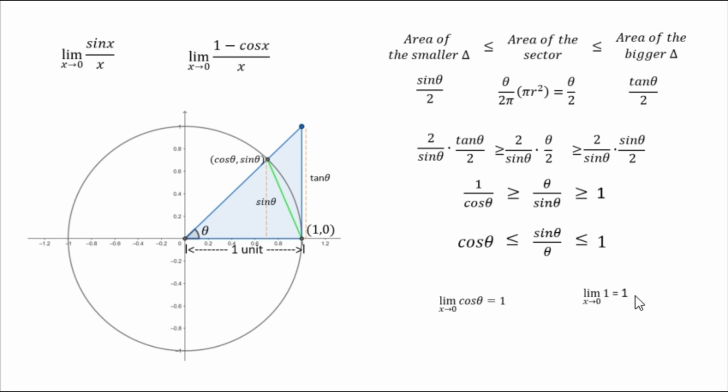They yield the same result, both equal to 1. So that is the condition that we need: the function that we're after is sandwiched by two functions whose limits are the same.